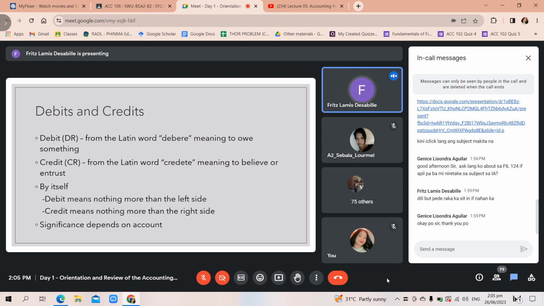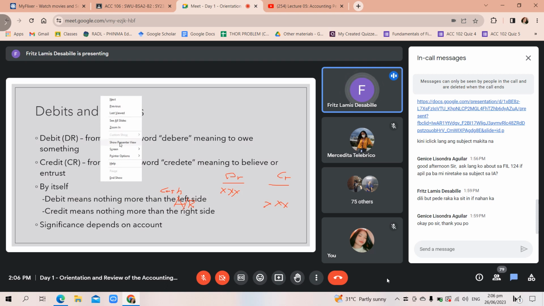When you make an entry, DR is debit, CR is credit. For example, receipt of accounts receivable: debit cash, credit AR. So debit goes on the left side, AR on the right side. Similarly, credit simply means the right side of the entry.